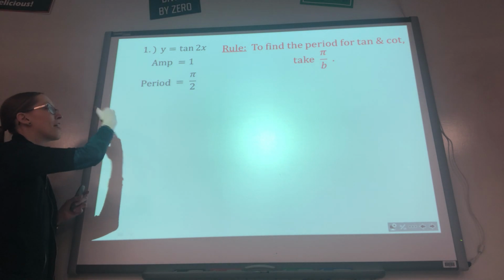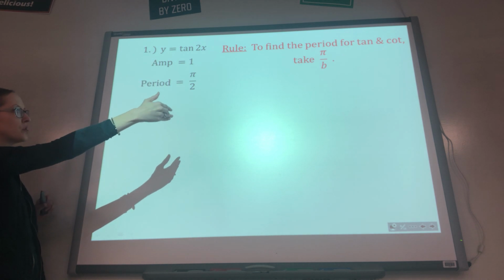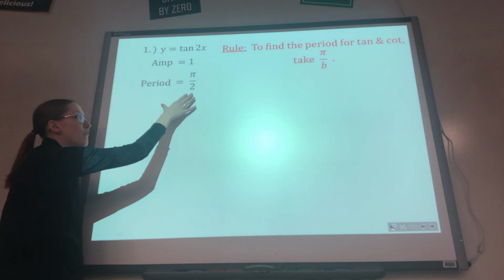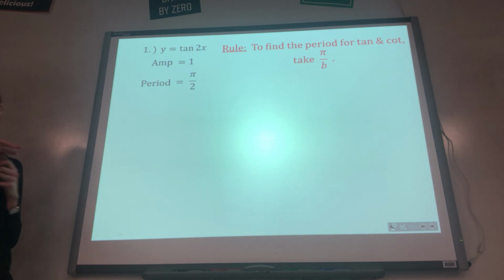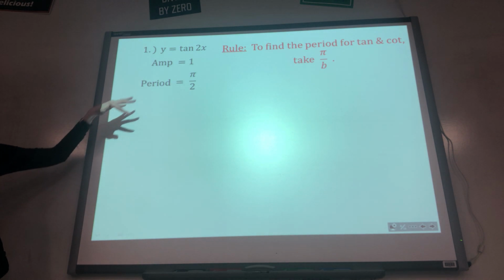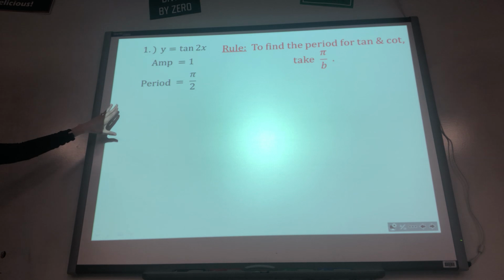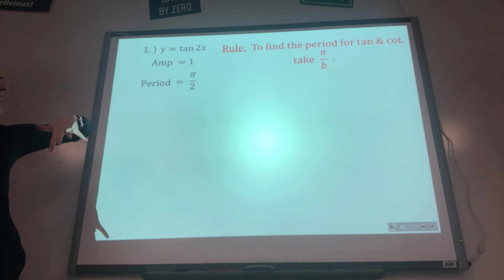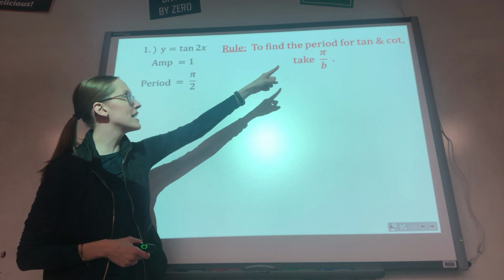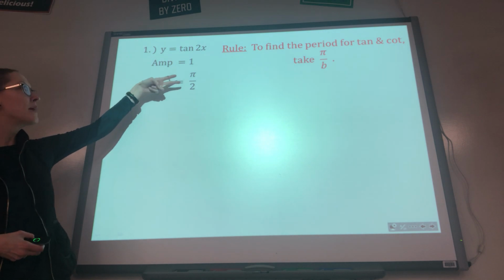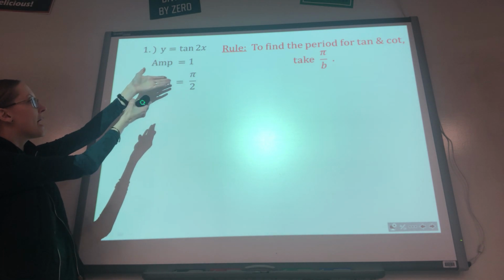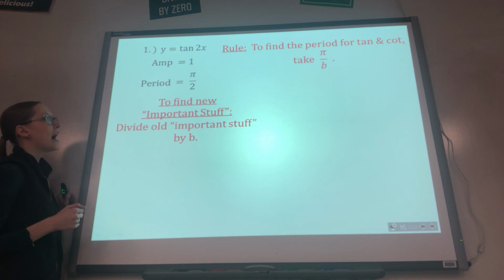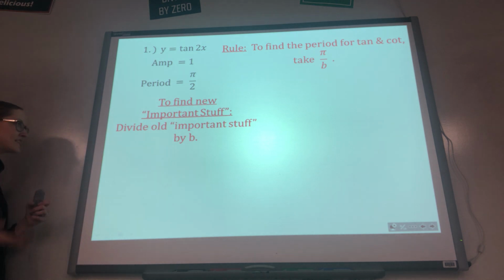Okie doke. We are not just going to put pi over 2 at the end of our x-axis and find all the halfway points. We have to do it differently with tangent and cotangent. So I'm going to put another rule up here for what to do next. Anytime your period changes, and what I mean by that is the period used to be pi, so anytime it's something other than pi, like pi over 2, this is what you have to do to find what I call the new important stuff.